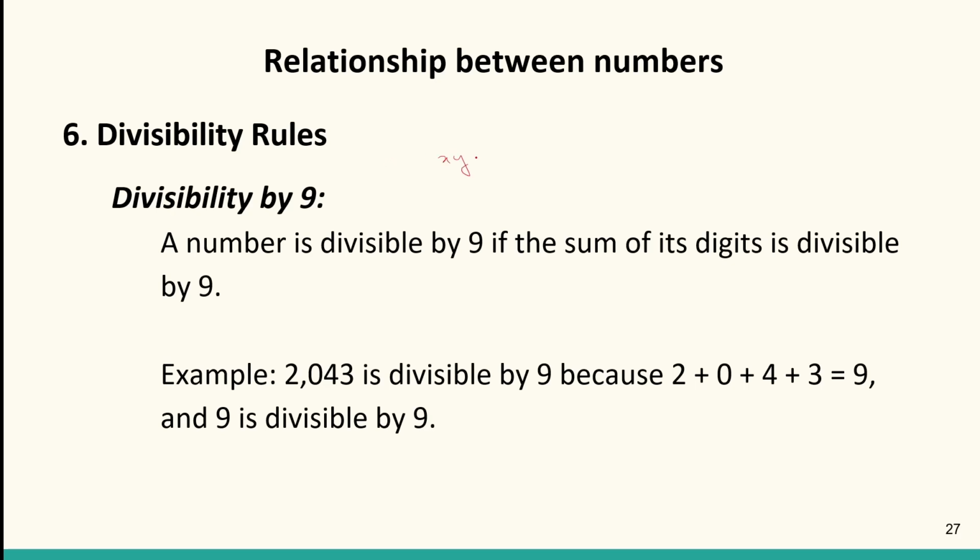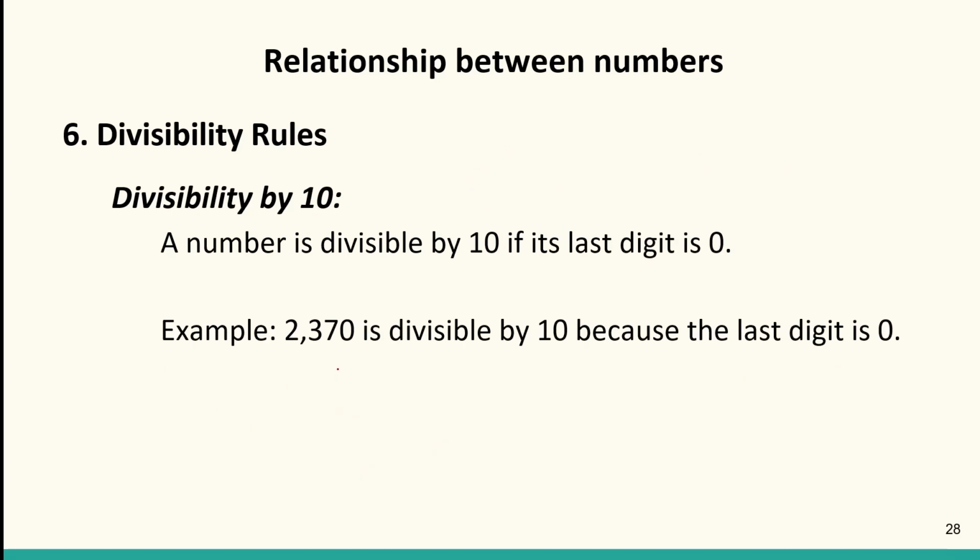So you have x, y, z, w, t, s, and this is divisible by 9 if x plus y plus z plus w plus t plus s is divisible by 9. For example 2043: 3 plus 4 plus 0 plus 2, that is 4 plus 3 is 7, plus 2 is 9. 9 is divisible by 9, so this implies that the whole number is divisible by 9.